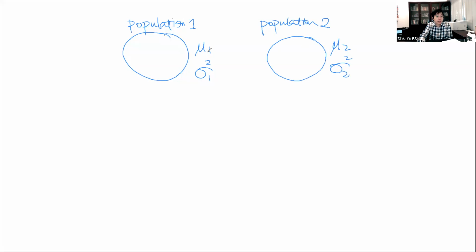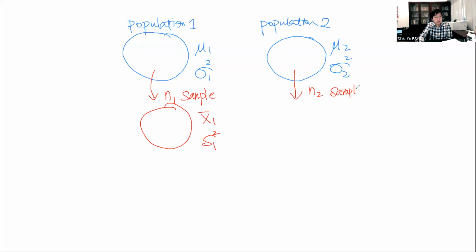Again, we can draw a sample of n1, and this sample will give us x1 bar and S1 squared, the sample variance. And we can draw an n2 sample, and then we have x2 bar and S2 squared. So this is the sample variance and sample mean.